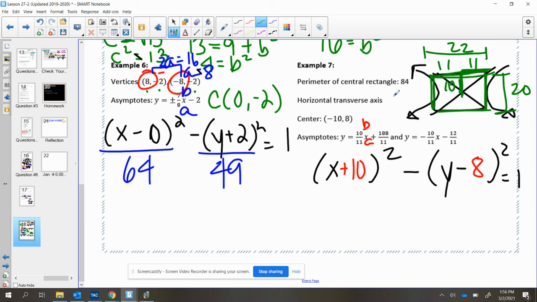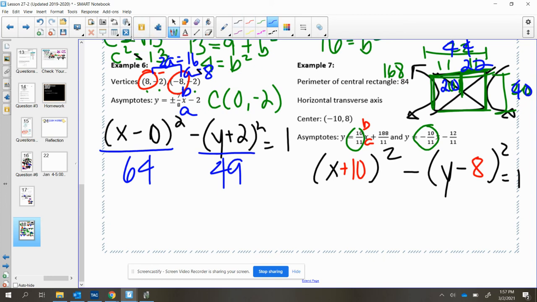Let's say I told you the perimeter of the central rectangle was 168. Well, this wouldn't have added up to 168. This would have reduced to be negative 10 over 11, but really what would have been happening is maybe we were rising 20 and running 22 to make sure that we had then a total length of 44 and 40 to get that total perimeter of what we needed of 168.